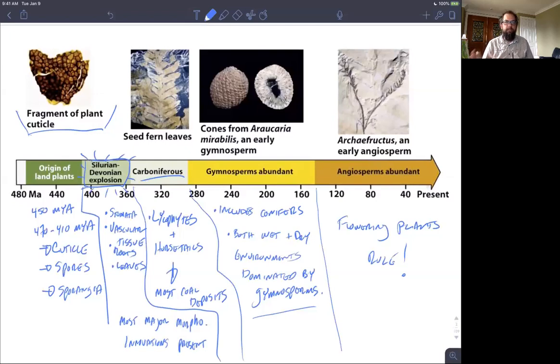And so this is a major transition to have the abundance of angiosperms. Throughout these lectures, we will look at what major innovations are arising across the phylogeny to give rise to these different groups and potentially to promote their diversity and success.